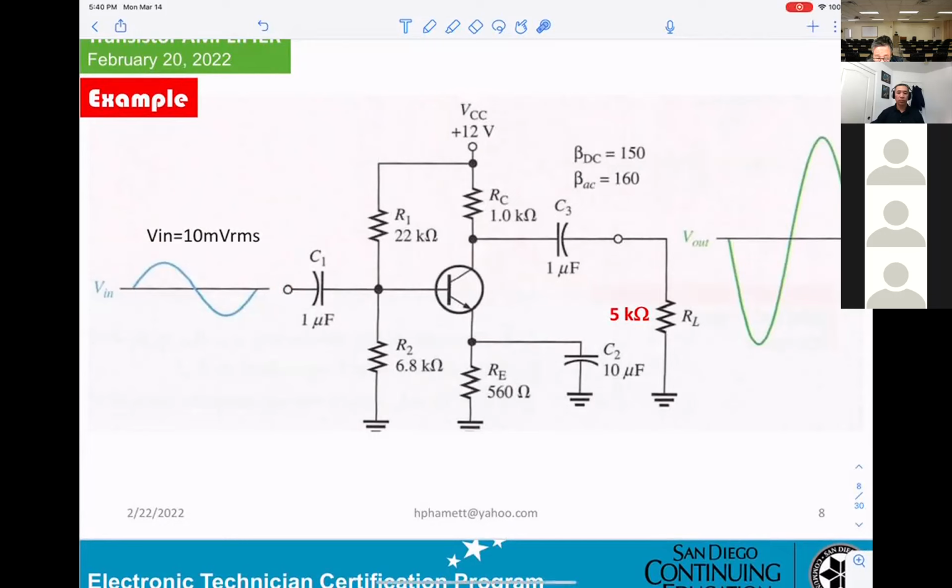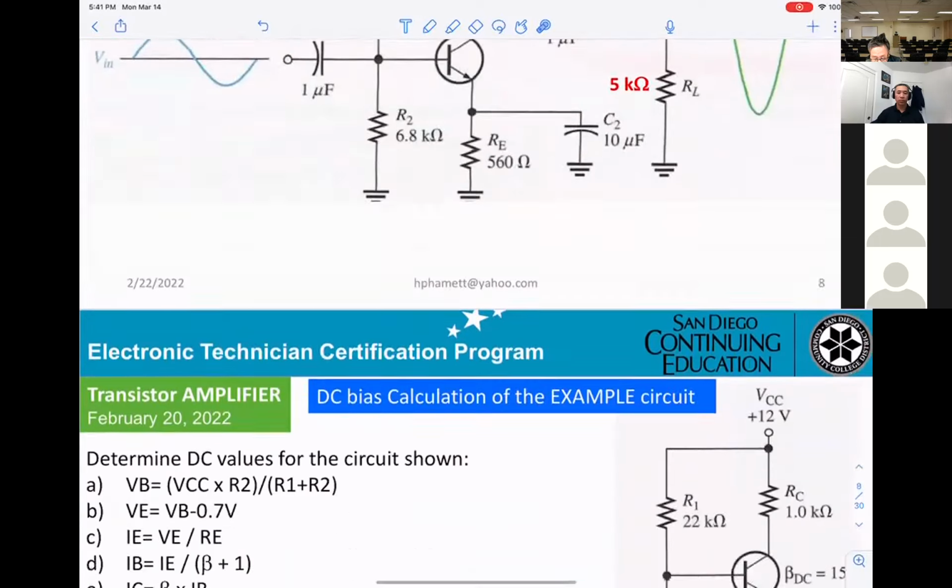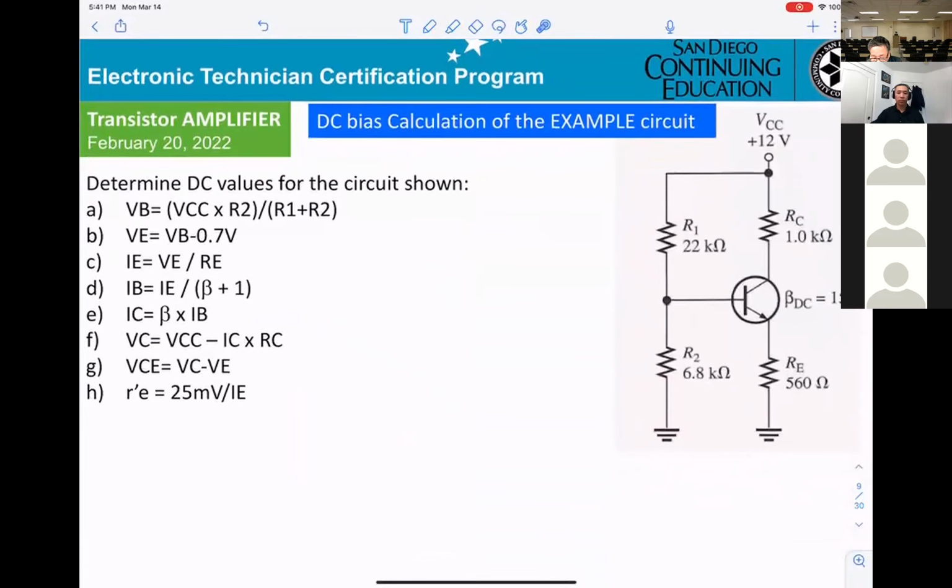And you can see C1, C2 blocking, C3 bypass. If you don't have the bypass capacitor, then the gain of the amplifier will be lower. Okay? If you want the gain higher, you had better have the bypass capacitor.